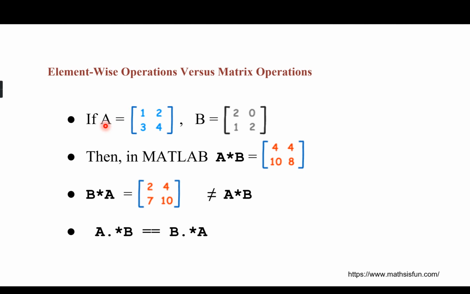The first matrix is A, second matrix is B, and they have these elements. In MATLAB, if you type A times B, like this without the dot, it will perform matrix multiplication between these matrices. It is allowed because of the inner dimension. They do agree, so we were able to multiply them together as matrices.